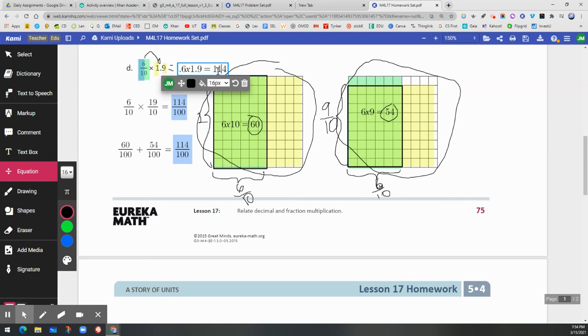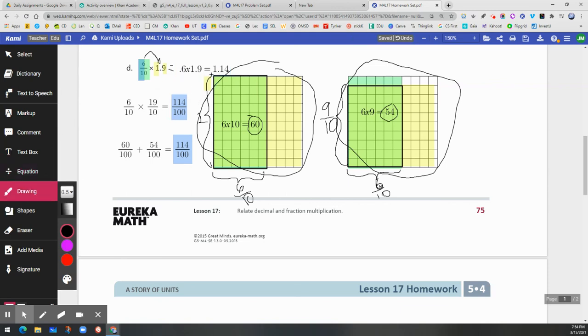So the answer should be 1 whole and 14 hundredths, which matches our answer over here, and also matches the answer for the model. Remember that, this model right here and this model right here.